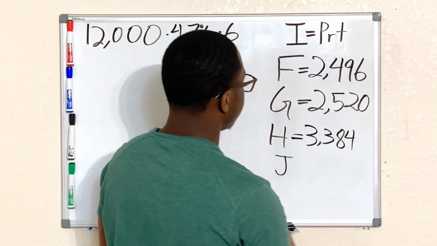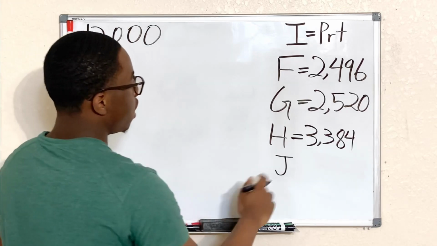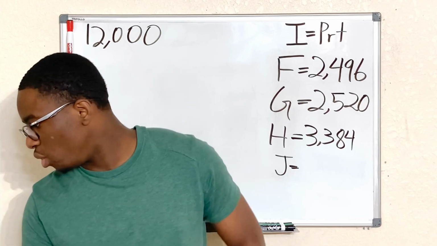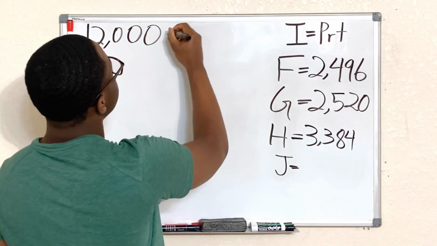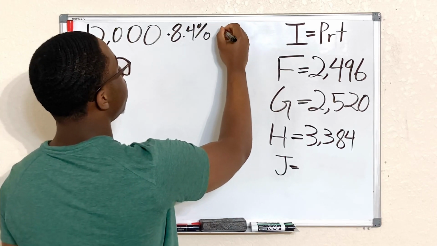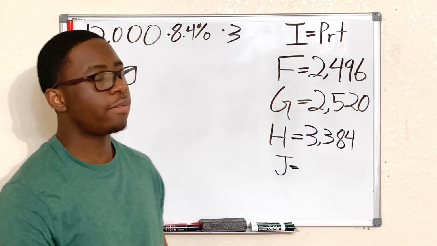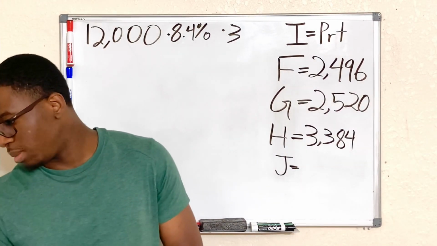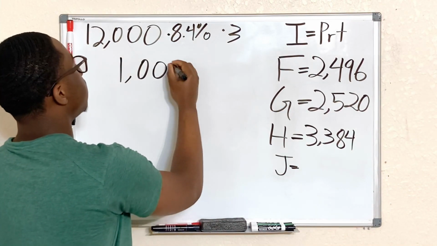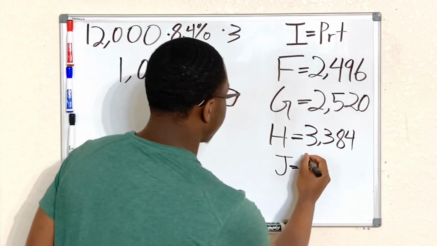And just for explaining's sake, I'll walk you through this last one, answer choice J. That is a 3-year loan for 8.4% annual interest, so 8.4% for 3 years. Remember, 8.4% is also equivalent to 0.084. Multiplying those two, we end up getting 1,008. 1,008 times 3 will get us 3,024.